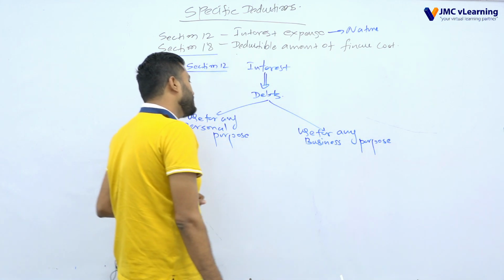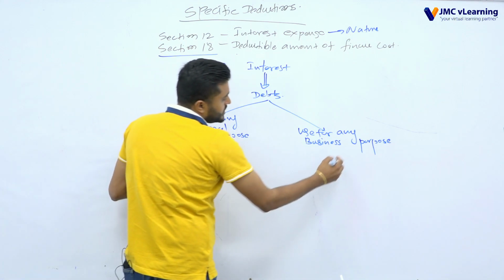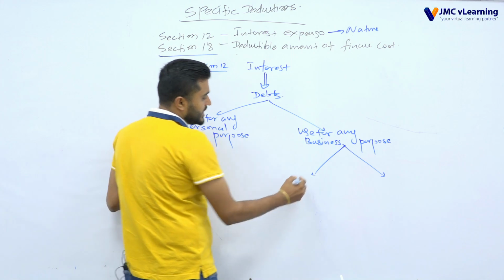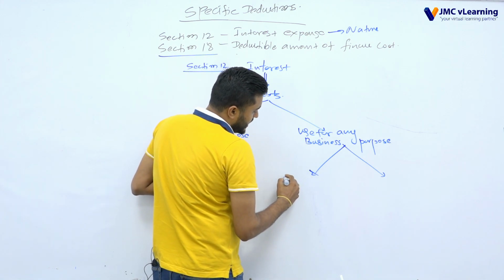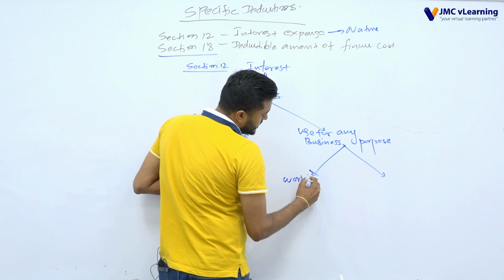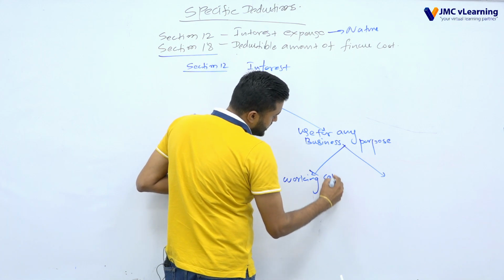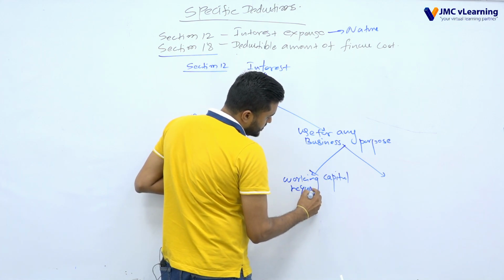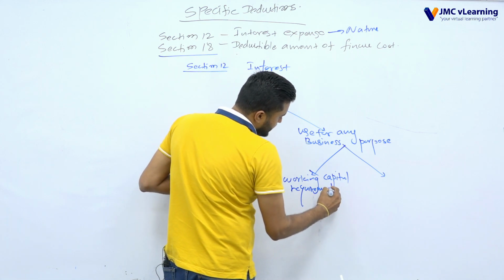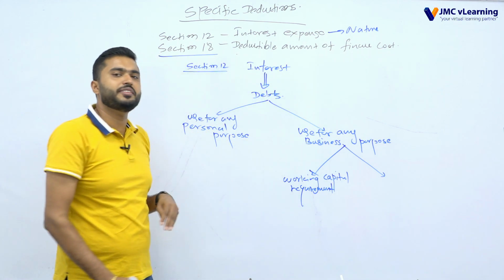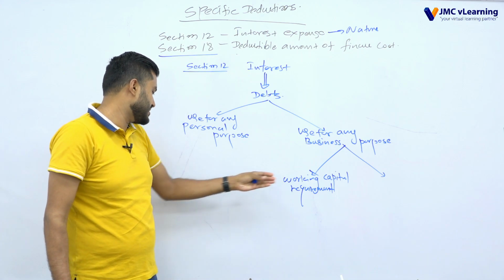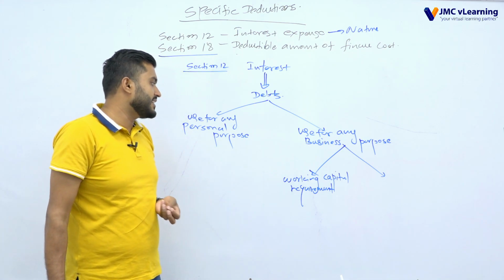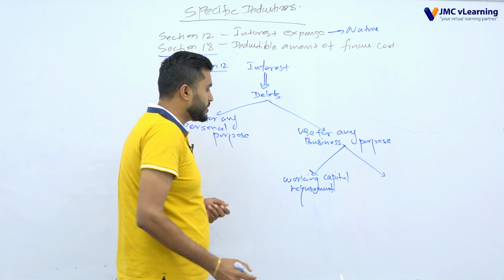Under business purpose, one use is working capital requirement, meaning the fund requirement for day-to-day activities, for example to purchase inventories and to pay salaries to workers.